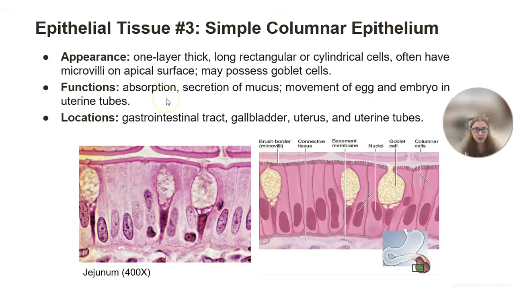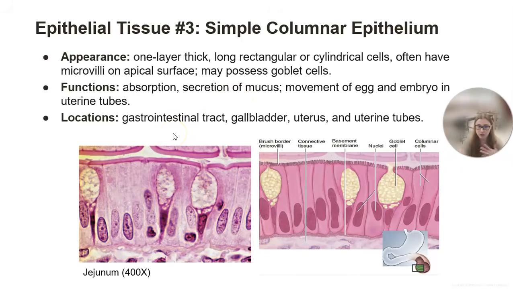The functions of our simple columnar epithelium, like I've already hinted at, many of them will possess microvilli. Microvilli, they do absorption. So a lot of our simple columnar epithelial will be in charge of things like absorption. If they have goblet cells, they're going to be in charge of secreting mucus. And in a very special case, we will also have simple columnar epithelium to help with the movements of either ova or embryos within the uterine tubes.